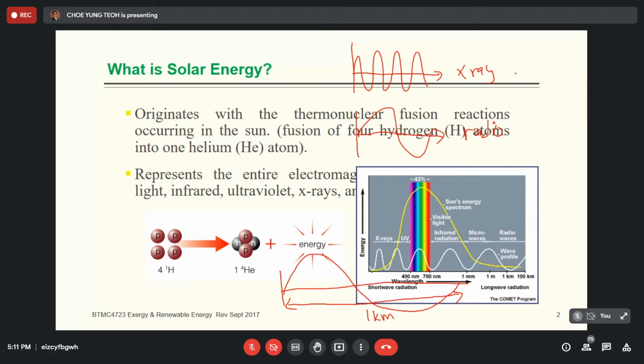But how about X-ray? The wavelength is lower than 200 nanometers, so to cover 1 kilometer it needs to go like this. How many cycles are completed?